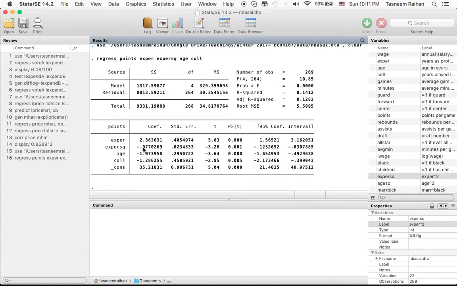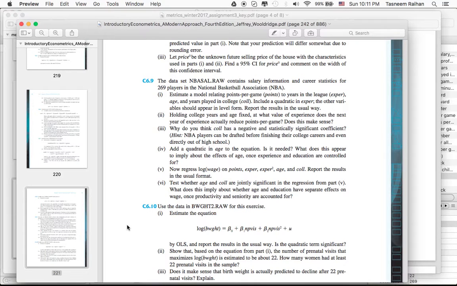For lower values of x, beta 1's positivity will prevail, and for higher values of x, beta 2's negativity will prevail, and therefore the curve will bend downward. Okay, so let's go to the next question now.